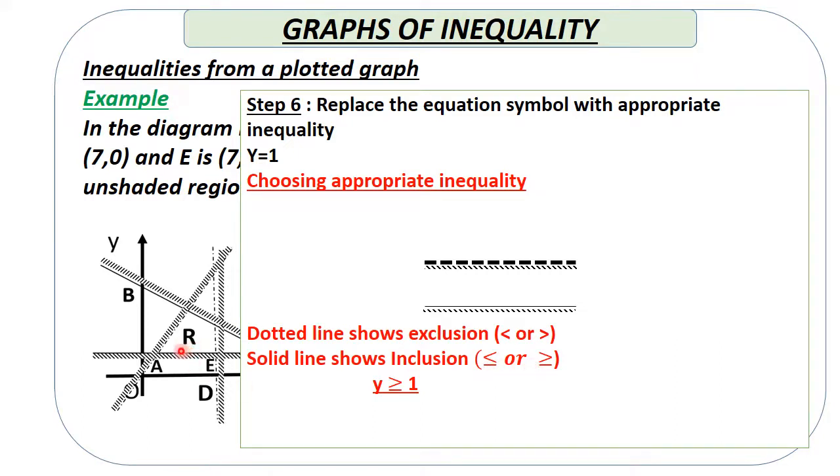We look at our region. Our region is on this side of the line, not on this side. So we ask ourselves, is our region greater than the other side, or is our region less than the other side? If you look at this line, it has the two regions, this and this, and one can be greater than the other. How do we tell if it's greater?